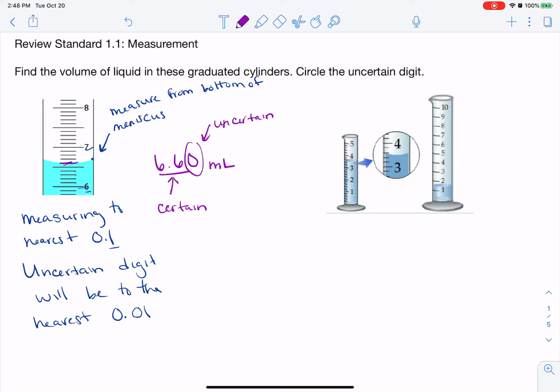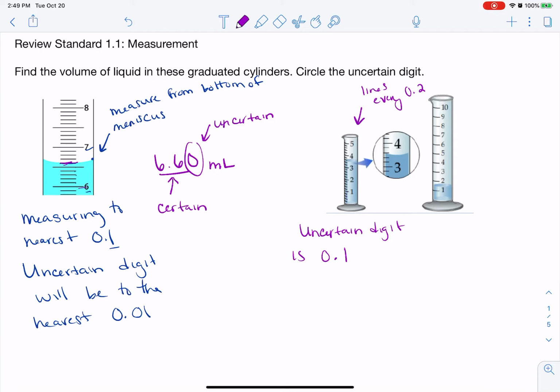Again here, we're going to look at this one, okay? So we can see there are lines 1, 2, 3, 4, 5. There are lines every 0.2. Okay. And so that means our uncertain digit is to the 0.1, right?